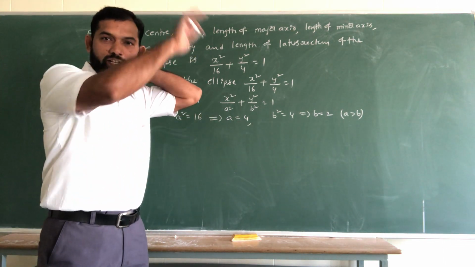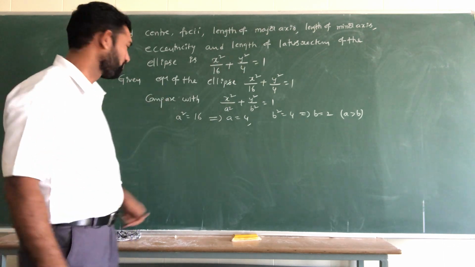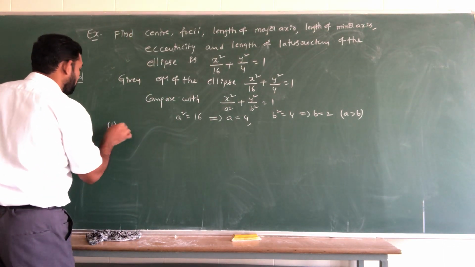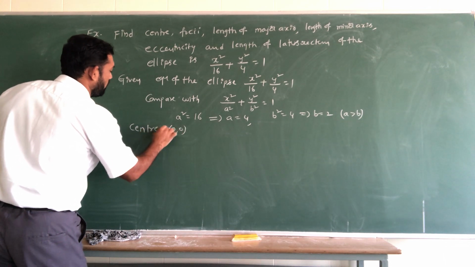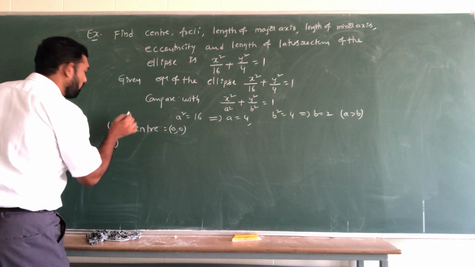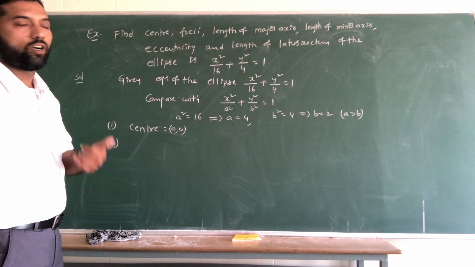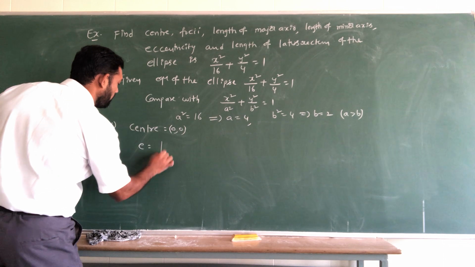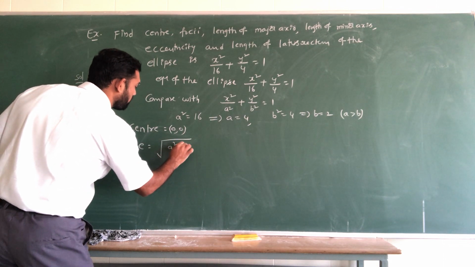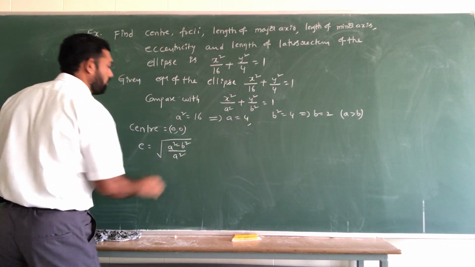So you see table 1, the first table. What they are asking: center. Center is (0, 0) in the table. The second one, you have to simplify eccentricity. E value is root over (a square minus b square) divided by a square.